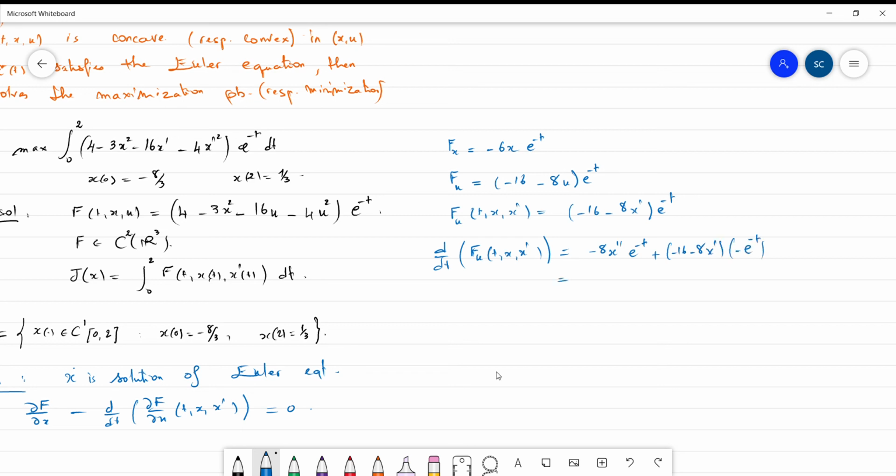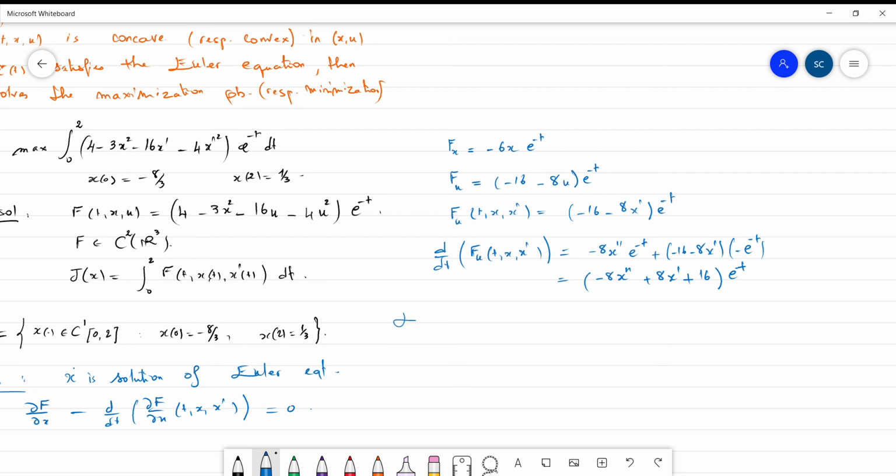If you take minus e^(-t) in as factor, you will get minus 8x'' plus 8x' plus 16 times e^(-t). So here is my quantity.